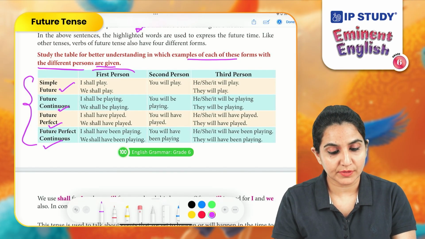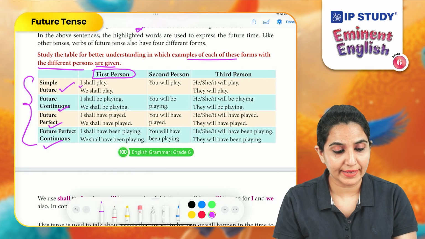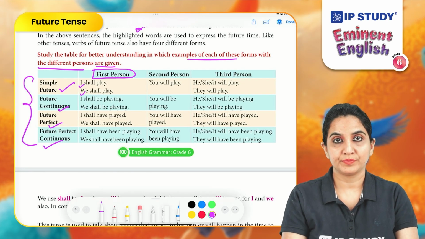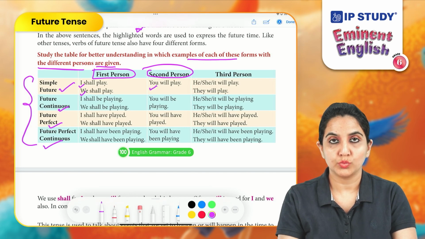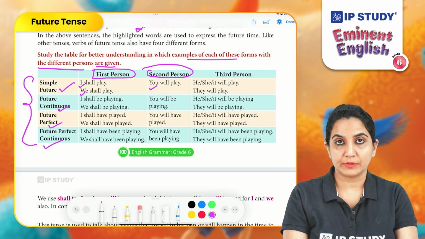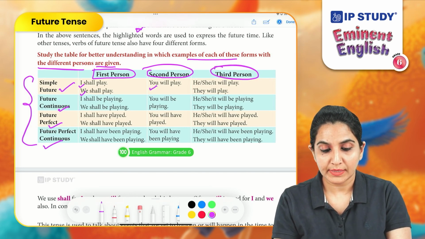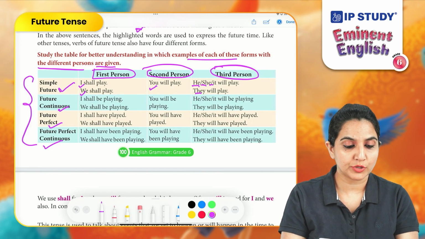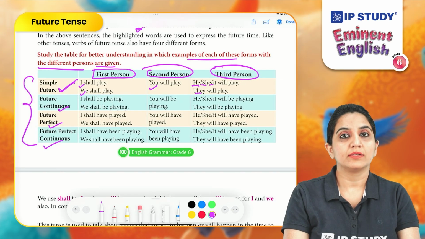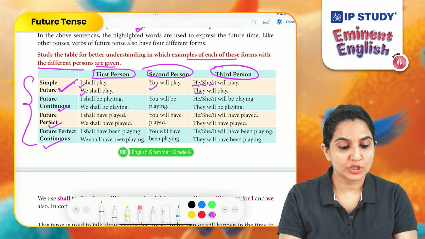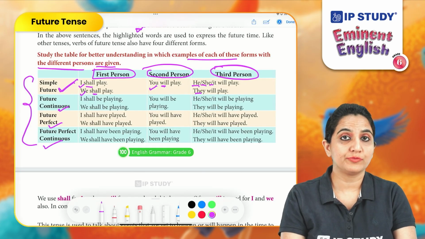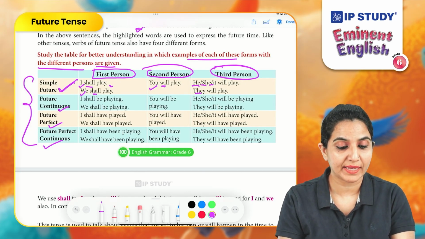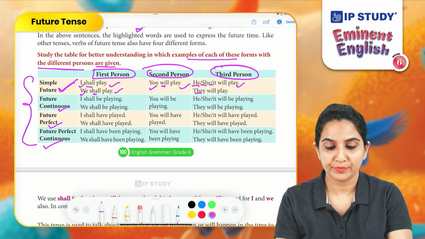With the first person, I and we, with the second person, you, and with the third person, he, she, it, they, we use the simple future tense with the helping verbs like shall and will. And the verb is always the base form of the verb.